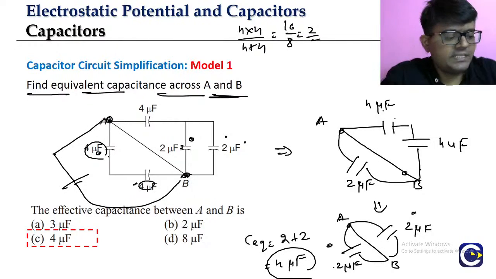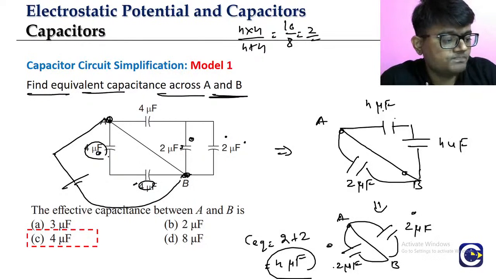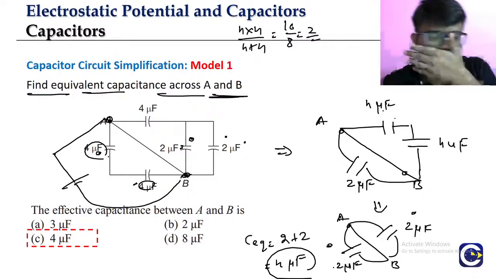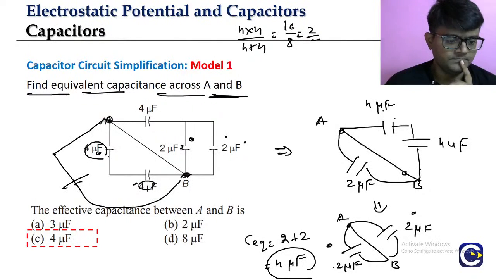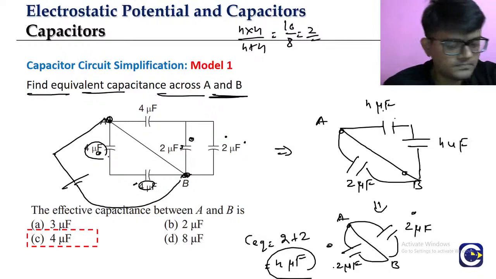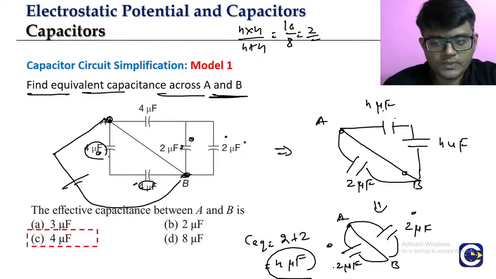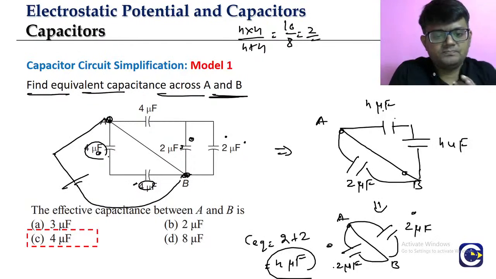So Aditi and Maithili, you have to confirm whether you are able to get this 4 microfarad or not. What have we done? We were just doing the simplification step by step.